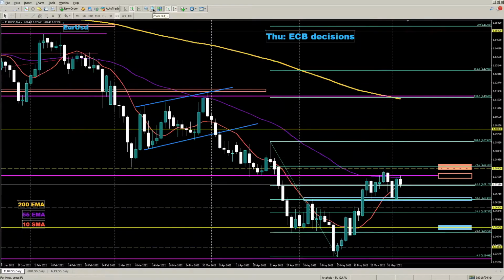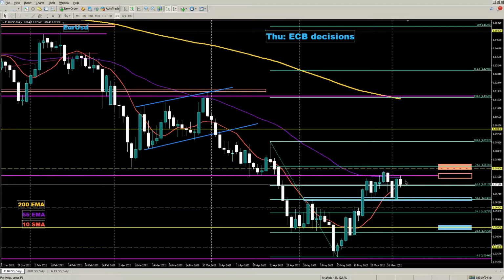All right, and these will still be the valid range for next week, potentially, from the 50 fib to the 78.6 fib retracement areas. And we'll compare that with the US dollar index to see if there's any major trigger.